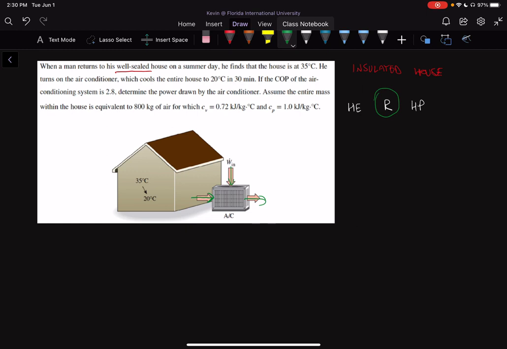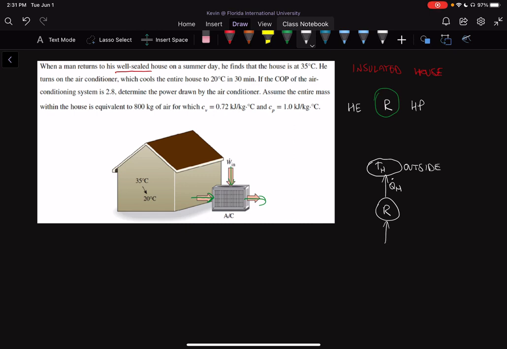So we have the system, and the first thing we can draw is once again our little diagram for our refrigeration system, which is going to look like this. So we have our refrigerator, and our refrigerator is going to have Q dot H going up into our TH, which in our case is going to be the outdoors or the outside.